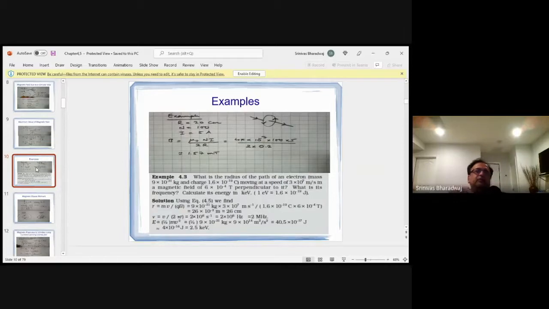Okay, so now if you had a square or an oblong loop, like a rectangular loop in a magnetic field, right?